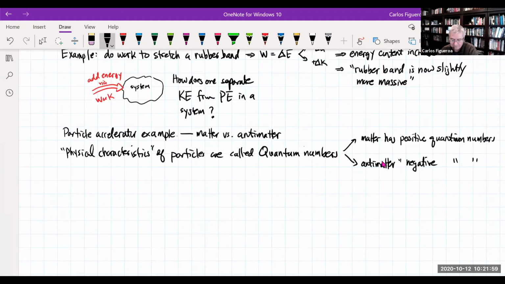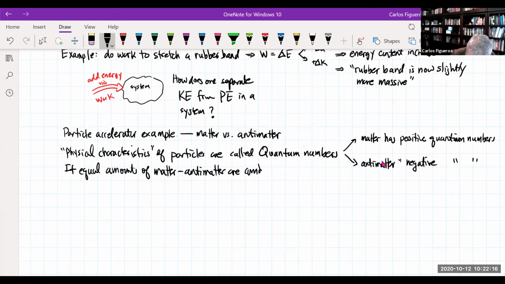So here's the thing. If equal amounts of matter and antimatter are combined, then the sum of quantum numbers equals 0.